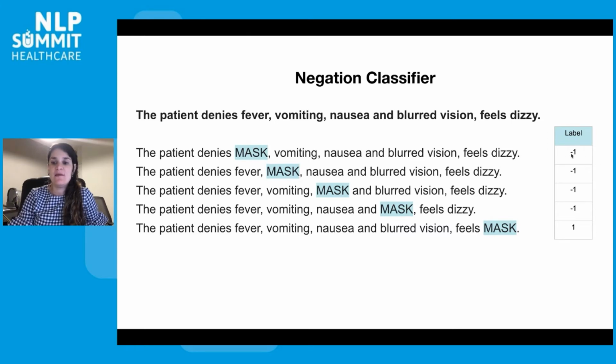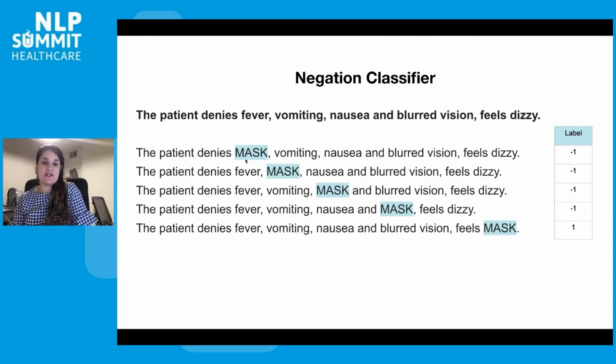And the label for this sentence is -1 because fever is negated. Here you can see how we use this masking mechanism in all the sentences for different concepts that we want to put in focus for the different labels. And the last sentence puts in focus the word dizzy, which has a positive label. This is the first issue that the masking helps us to solve.